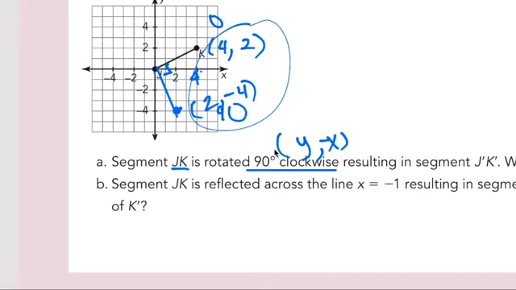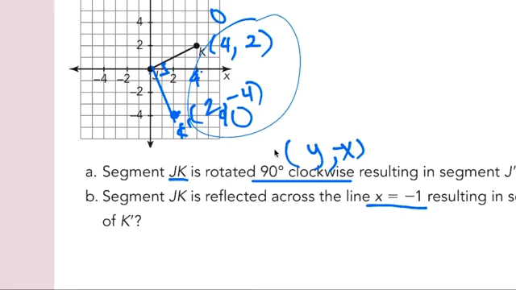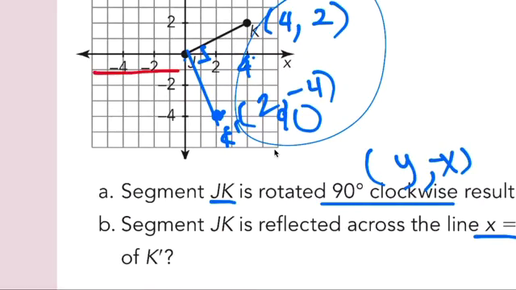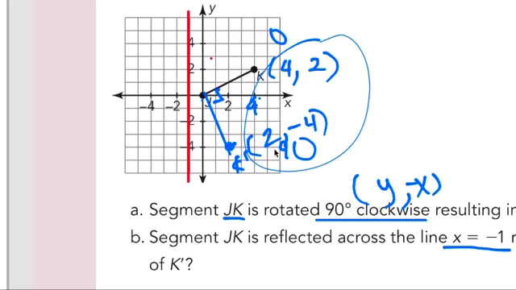Okay, and this is K prime reflected over the line x -1. So let's draw a line x -1. Oh, that's y -1. Oh my gosh. Okay, reflected. So it goes over, let's use another color.